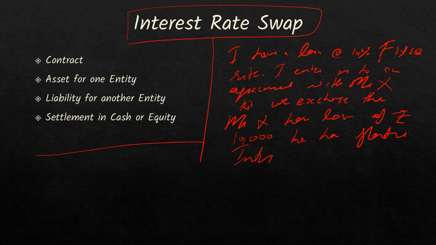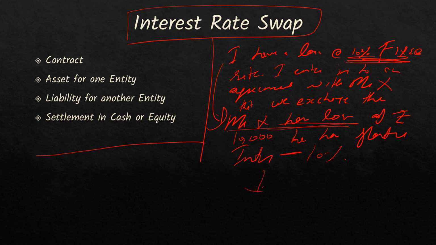And Mr. X wants to make a consistent payment. He doesn't want to take the risk of the interest rate going up and down. So we enter into an agreement that we exchange the fixed rate with the floating rate. Let's say both are 10% at this time.